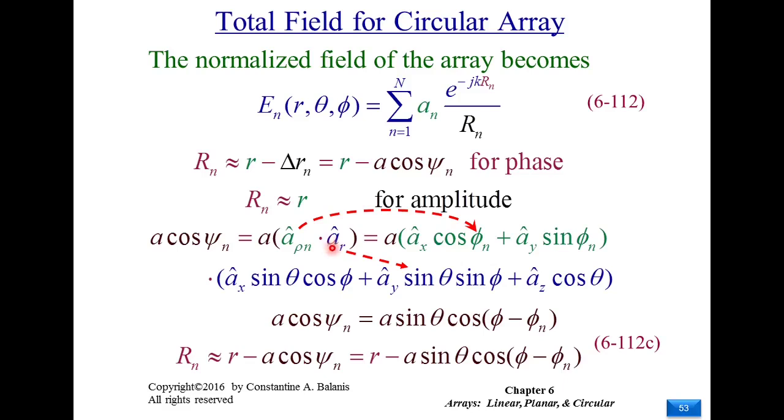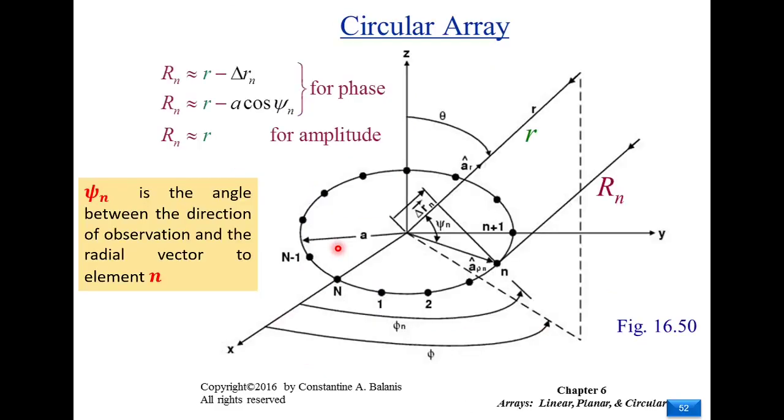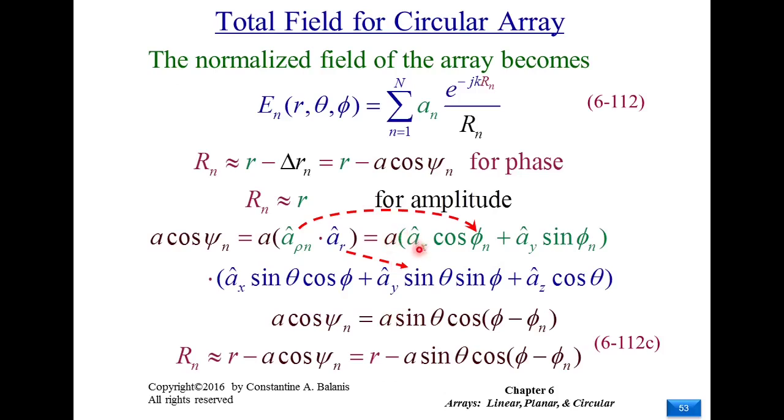So again, from this arrangement you can express this vector in Cartesian, and you can express this vector also in Cartesian and do the dot product. The first one, a rho n, is in the xy plane, so it has x component and y component. I'm assuming that everybody can write down this expression.